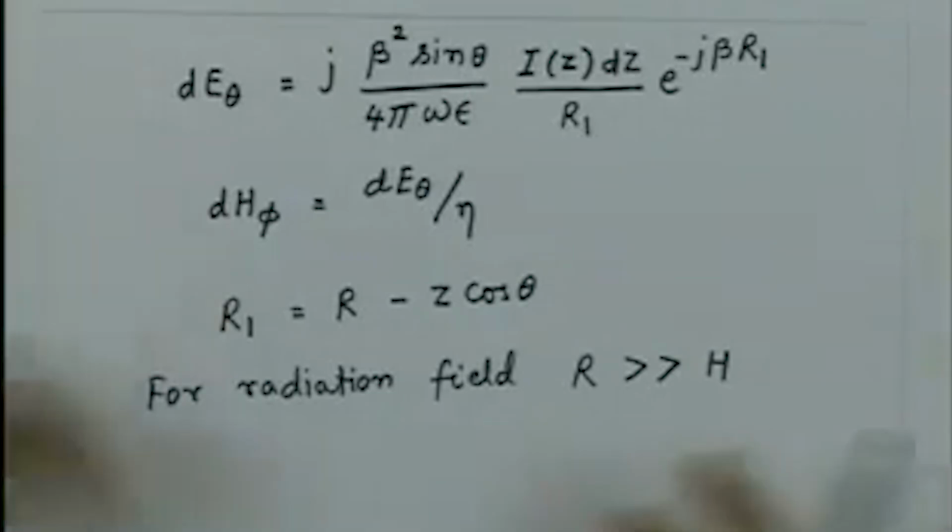Typical example is, let us say if I take a dipole antenna which is having a size of let us say lambda or lambda by 2, let us say if I am operating at a frequency of 100 megahertz, the wavelength will be 3 meters. So, the dipole size will be of the order of about 1.5 meter, 2 meter, 3 meter, something like that.